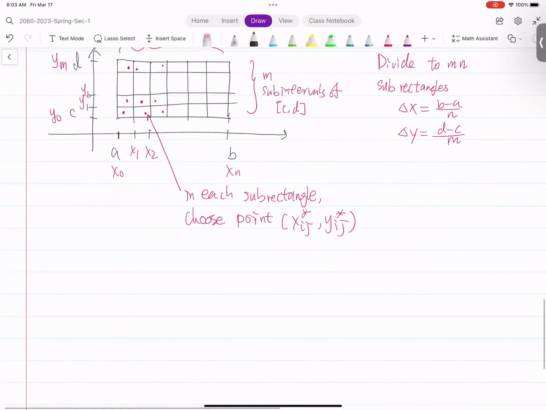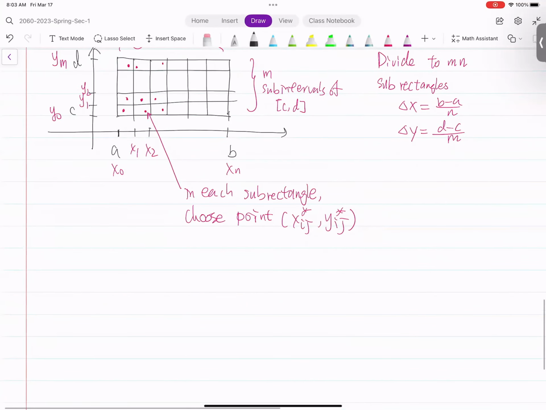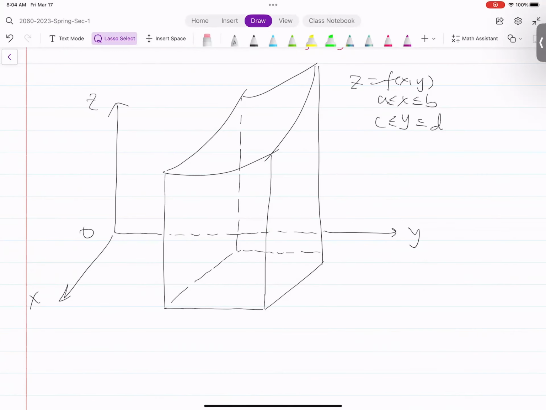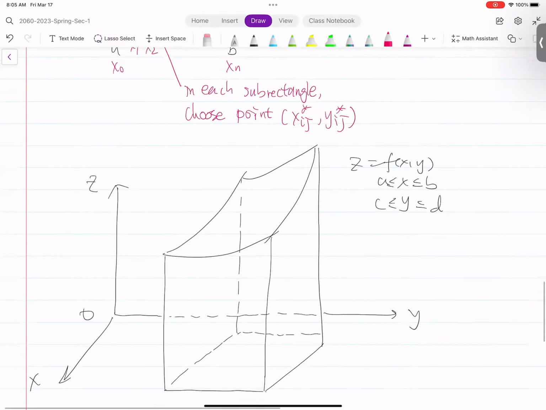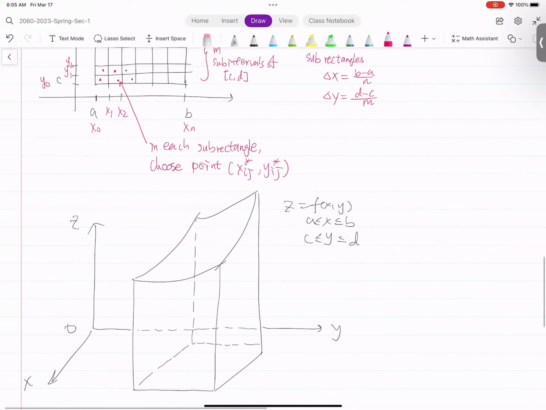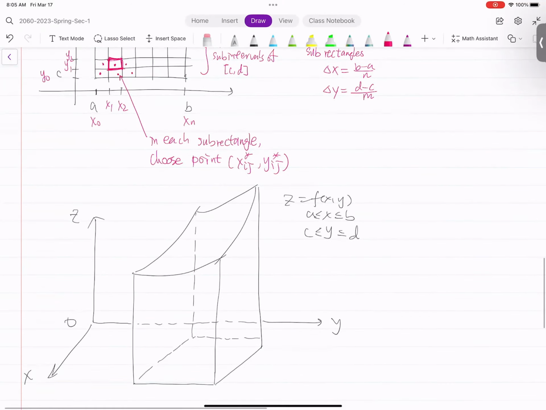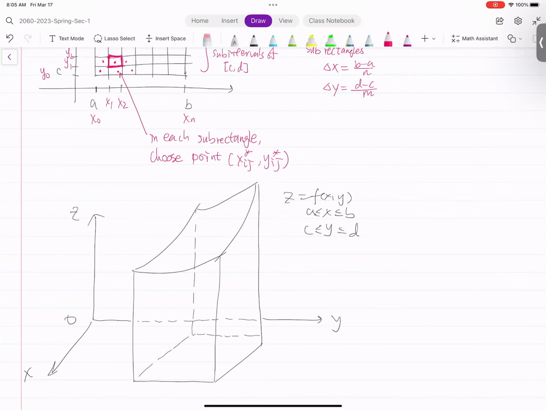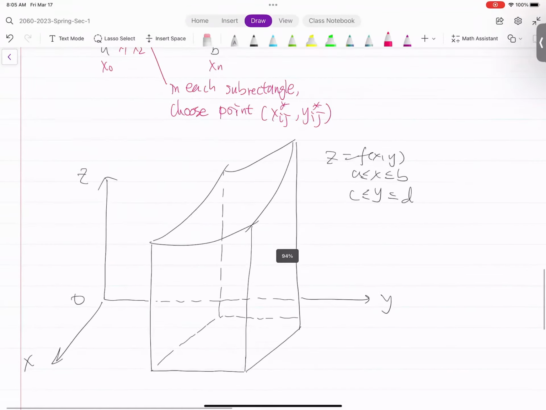And now let's estimate the volume. So it's going to be another figure. Now we think about each rectangular region at the bottom. There will be m times n of those, right? But we need to choose a particular one, and then we're going to cut this solid into m times n pieces. Every piece, we want to estimate the height. And how do we do that?